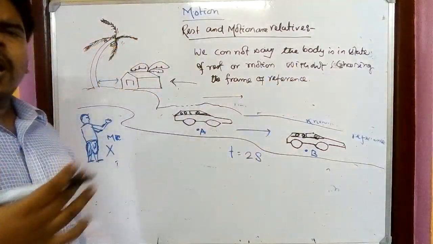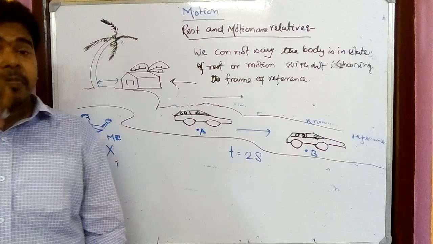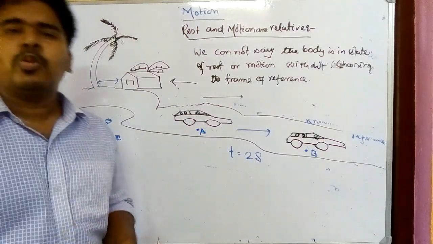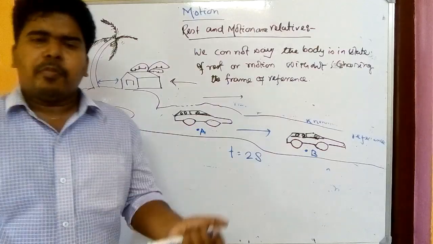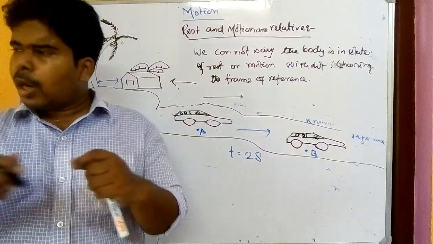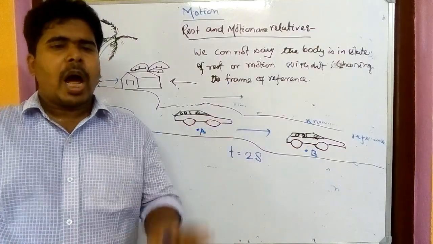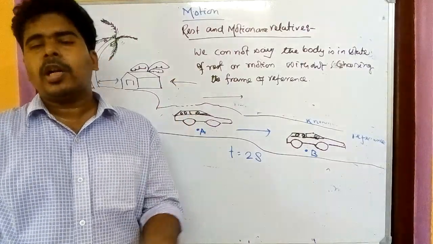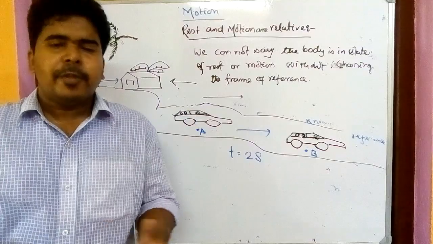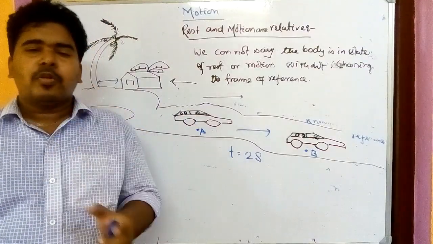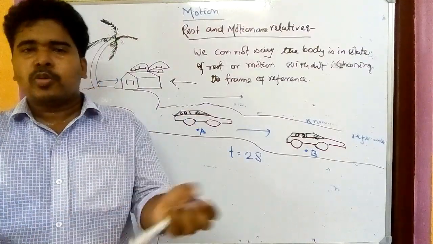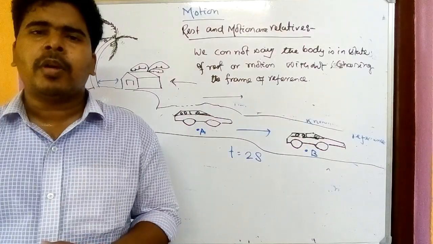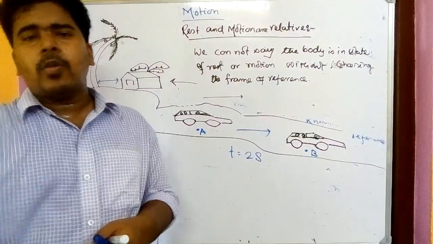That means if I have not chosen a frame of reference, we cannot say a body is static or in motion. If I'm talking about ourselves also, nowadays we all are inside the building, inside the room. We are not able to move outside. That means you can say, sir, we all are static, because with respect to the buildings, with respect to the trees nearer to our house, we are not moving outside.